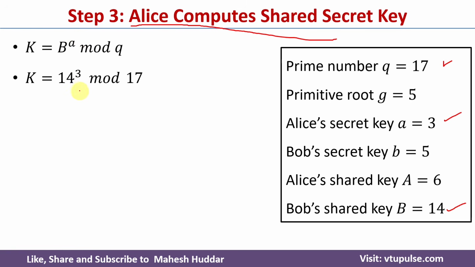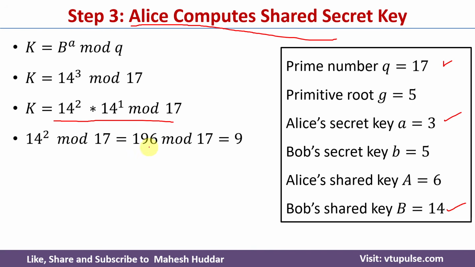So 14 cube can be split into 14 square into 14 raised to 1 mod 17. So first we will calculate 14 square mod 17. So 14 square is nothing but 196. 196 mod 17. So 17 elevens are 187. So 196 minus 187 is equal to 9.